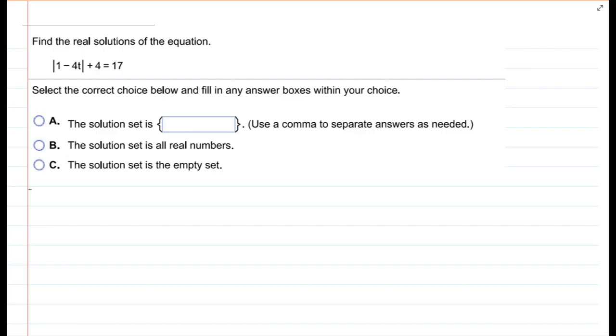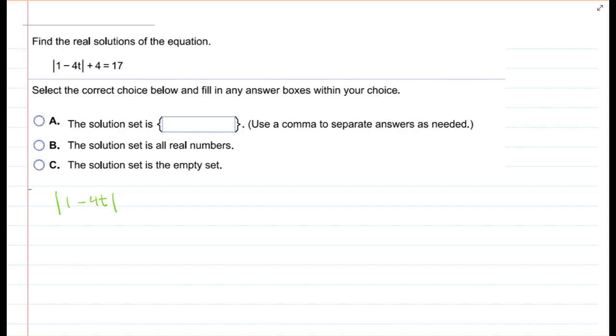So let's start. The first problem, we want to find the real solutions of the equation. The equation that I have is the absolute value of 1 minus 4t plus 4 equals 17. So we want to solve this equation for t. To solve the equation, the first step is to keep the absolute value on one side and the other term on the other side.